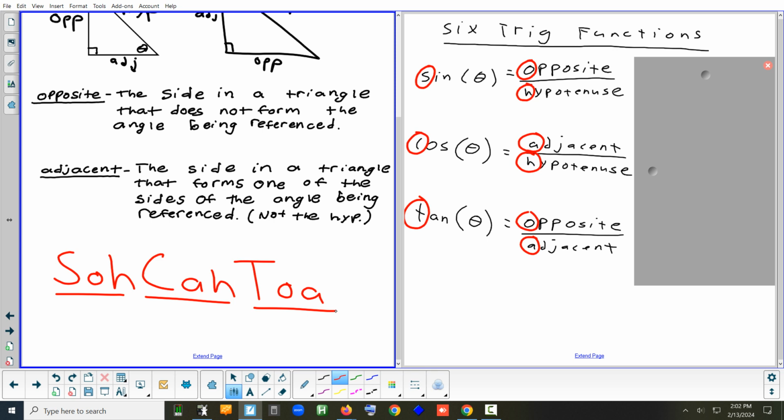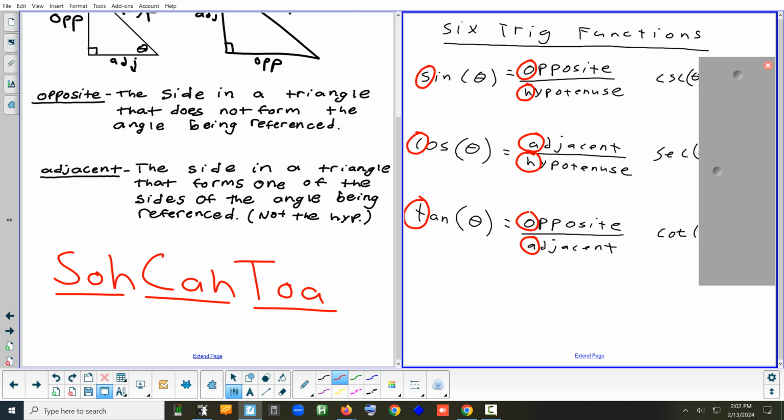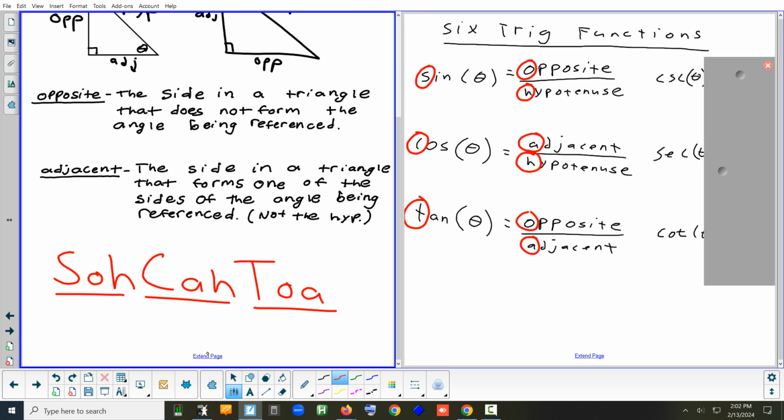Now, the other three trig functions. What are the other three we always put on the right? Cosecant, secant, and cotangent. And what's always the connection between them? They're flipped. So what do you think the cosecant is? Hypotenuse over opposite.